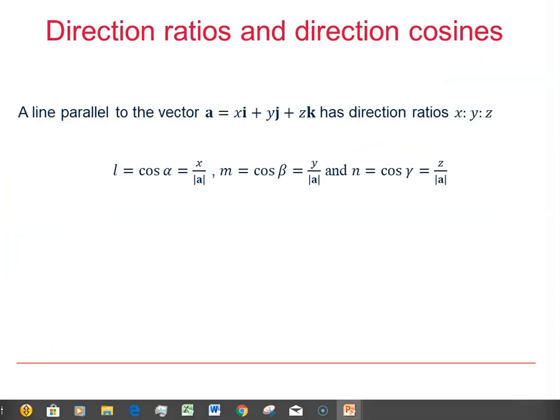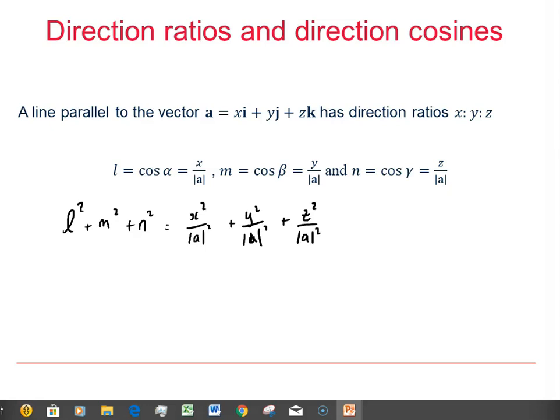We've seen the idea now of the direction cosines L, M and N. What I want to look at is what happens if we take L squared plus M squared plus N squared. We simply square each of these, so we get x squared over mod A squared plus y squared over mod A squared plus z squared over mod A squared.